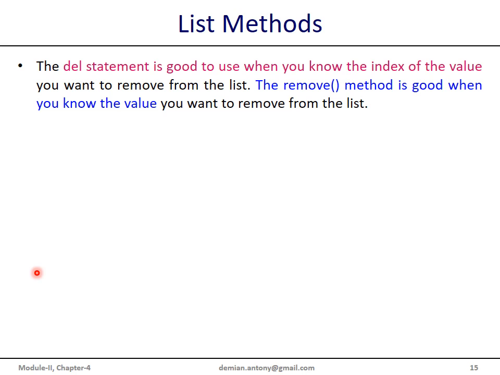If you are sure of knowing the index of a value, then use a del statement. And if you are not sure of the index of a value to be removed from the list, then apply the remove method.